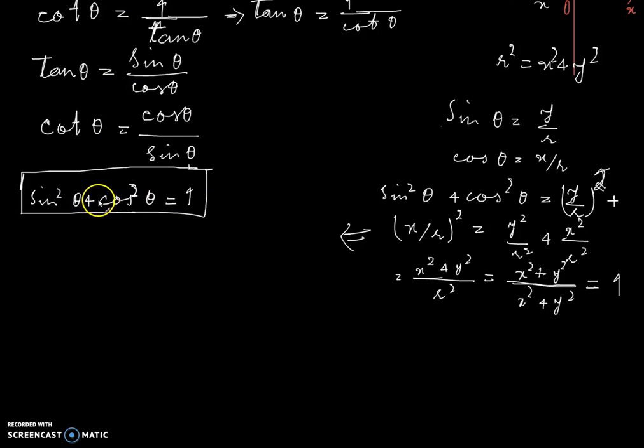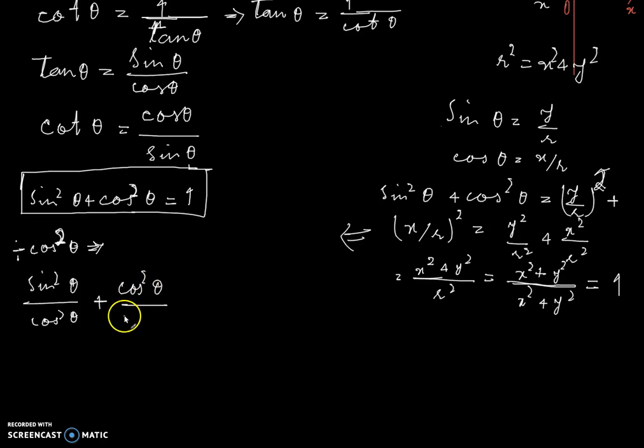If you divide everything by cos squared theta, we get sine squared theta by cos squared theta plus cos squared theta divided by cos squared theta is equal to 1 divided by cos squared theta.